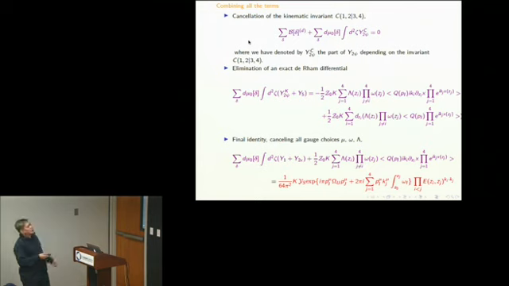I should also say that, as explained this morning and this afternoon, the odd spin structures don't contribute, so all these identities are summations of even spin structures. One has to combine either the Riemann bilinear identities or the Fay trisecant relations, which is bosonization in the formalism of physics.